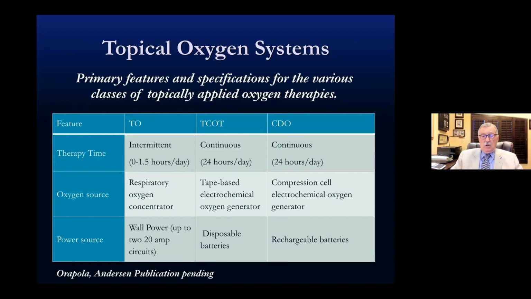Here is another chart showing the difference between the types of therapy, the intermittent and the continuous, and the power source required. In the TCO2, it's disposable batteries. In the CDO, it's a rechargeable system.